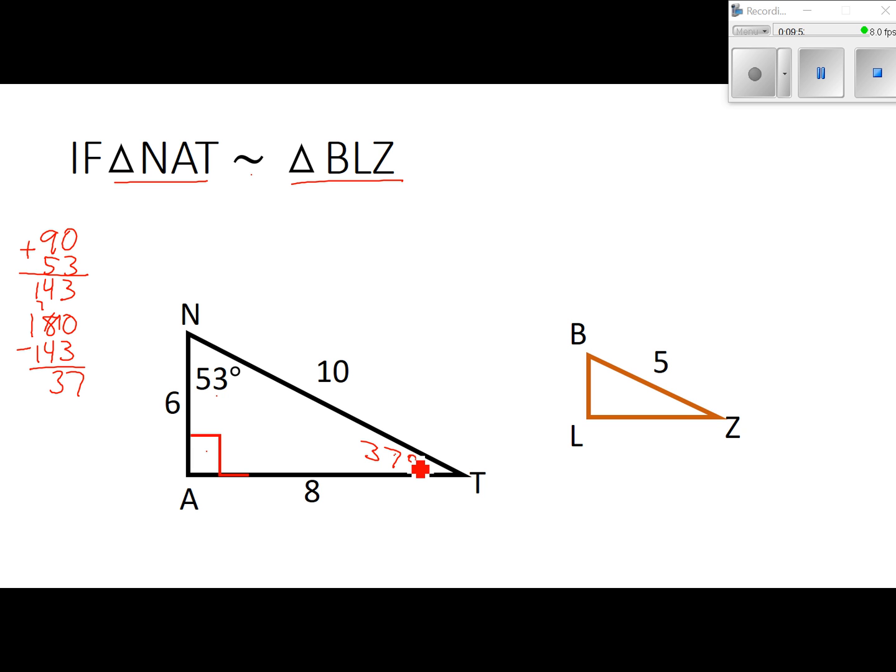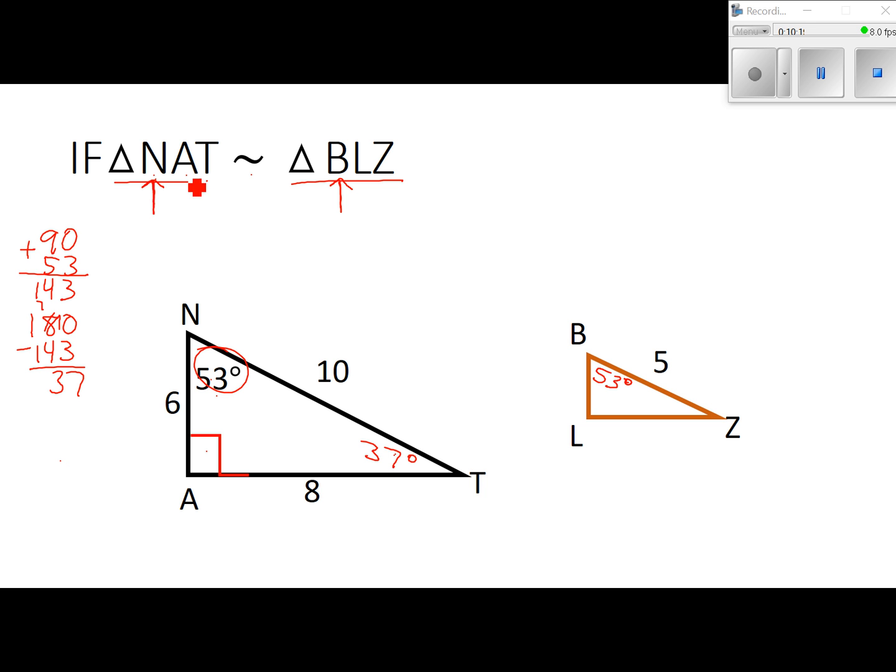Now, if they tell us that the triangles are similar, that means N has to match up to B. Well, we look over here, N is 53 degrees. That means angle B has to be exactly the same because the angles have to be congruent. So angle B is 53 degrees.